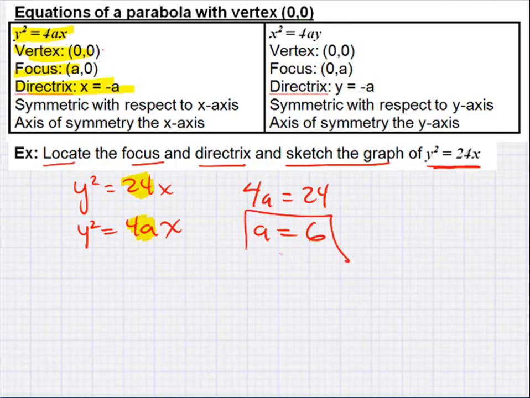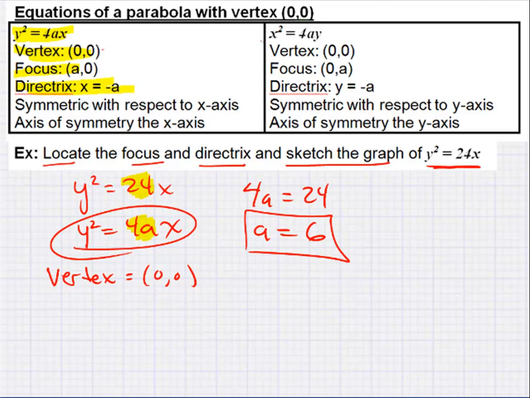Once you know what a equals, we could say that the vertex is 0, 0 because it's in this form. Any parabola in this form or this form has a vertex at 0, 0. Eventually we'll look at parabolas where the vertex isn't 0, 0 and the form of the equation will change, and we'll see that. But right now everything's going to stay 0, 0.